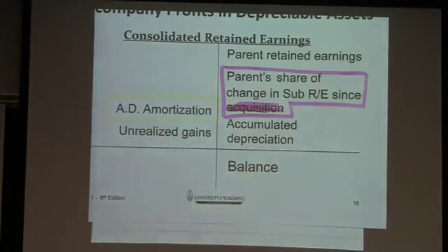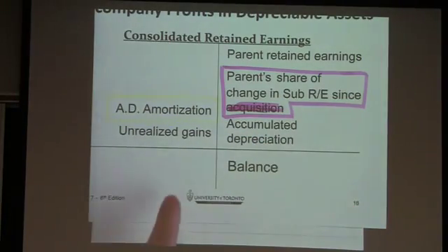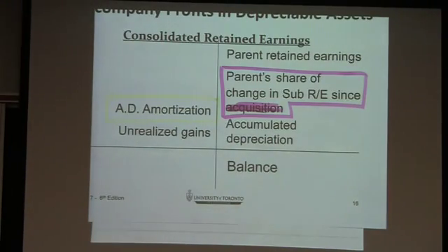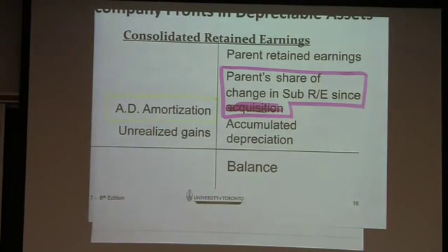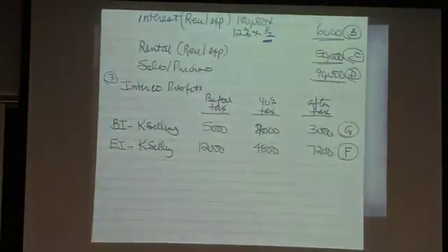But here's the other side of the entry. The unrealized gain gets unrealized, but it gets realized by increasing the accumulated amortization. It's going to effectively realize part of that gain, and then hopefully at the end of the maturity of that asset, these two amounts will equal. So that's essentially what we need to do.